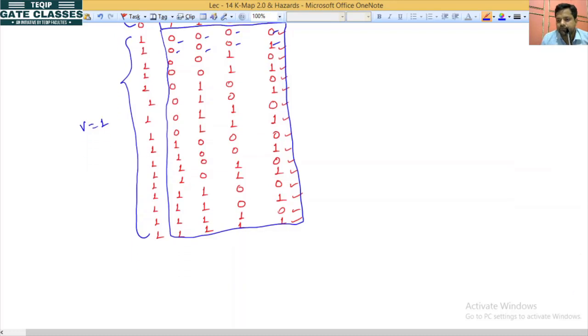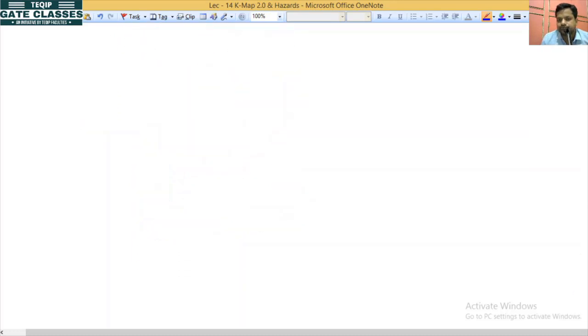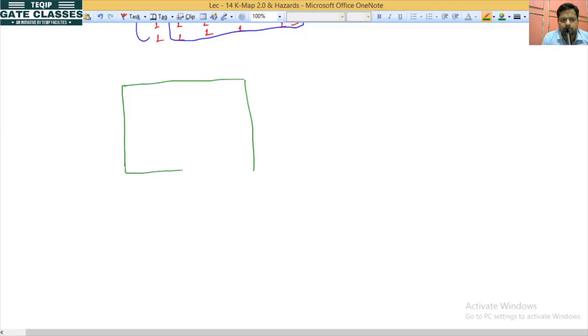So see here, I am going to take two 4 variable K maps. This is the first map and this one is our second map.